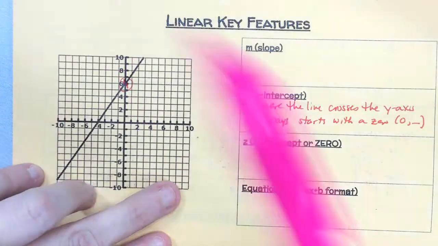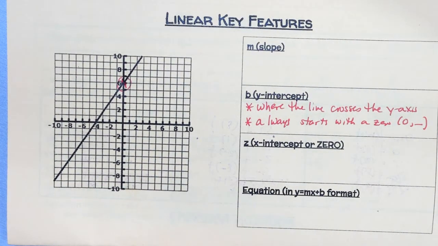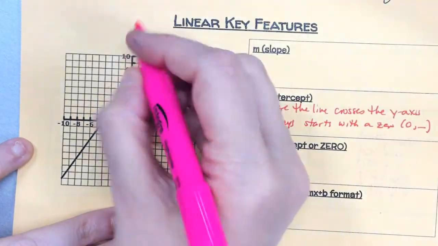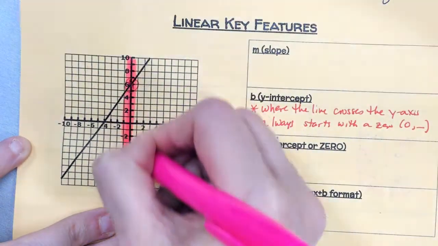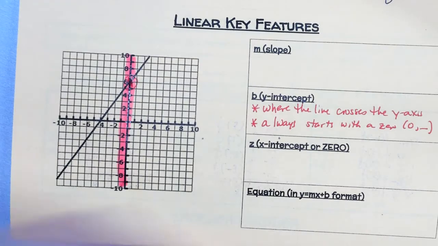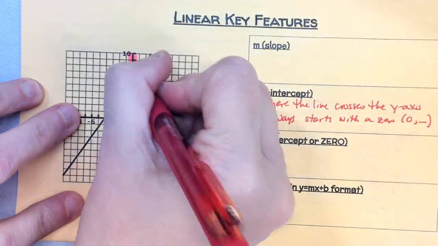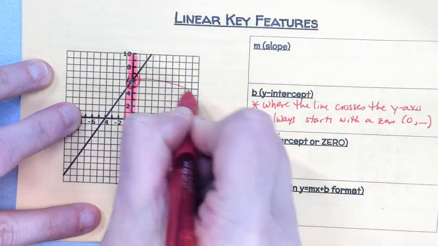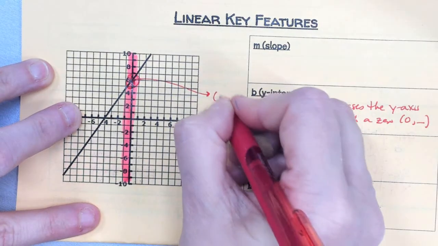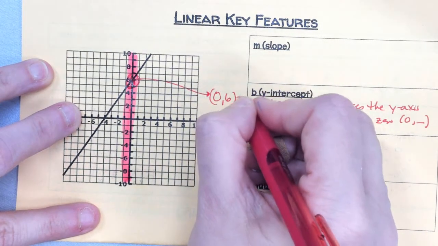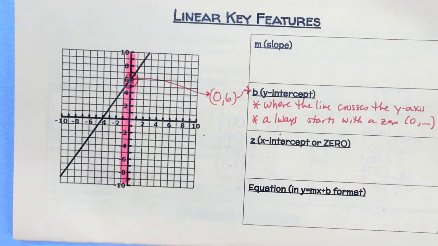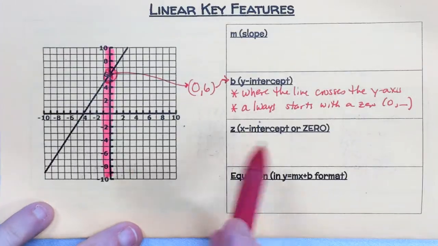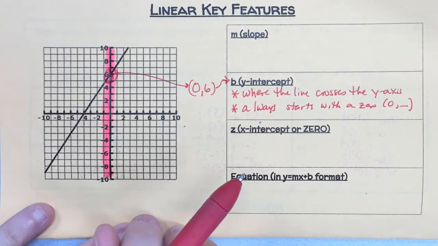Now, when you're taking a test and they ask you for the y-intercept, I would 100% of the time highlight the y-axis. Because if I highlight the y-axis, it's going to make the y-intercept jump out to me even more. Okay, in this case, my y-intercept is (0, 6). Then that's B. So again, it's where the line crosses the y-axis, and it always starts with a 0.